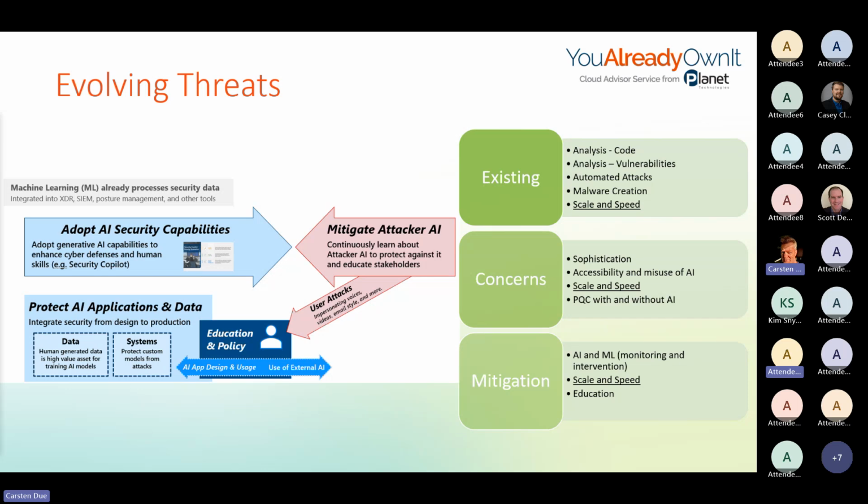So existing threats that are there right now, and the first one is the hardest one to understand unless you go out and try it. I can take a piece of code and give it to a chatbot, and I can break down, without being a developer, what this code is doing.